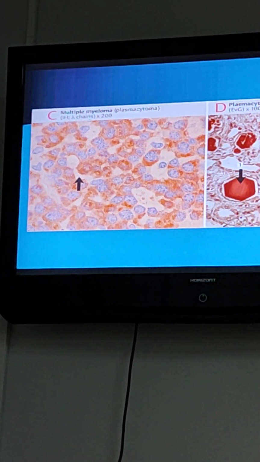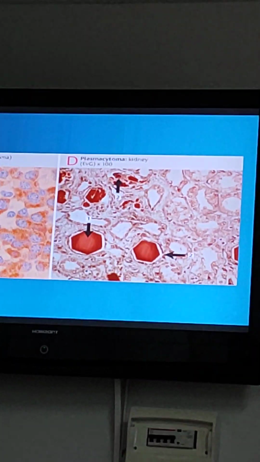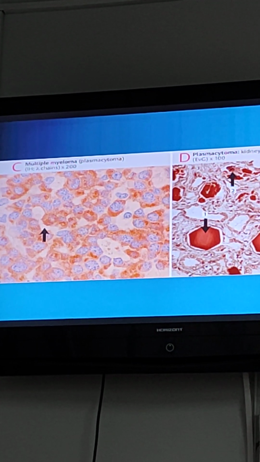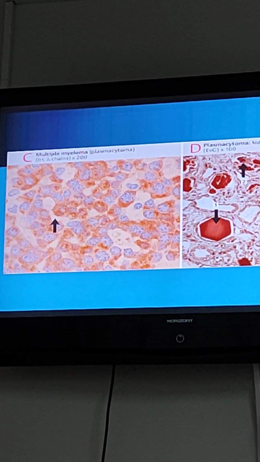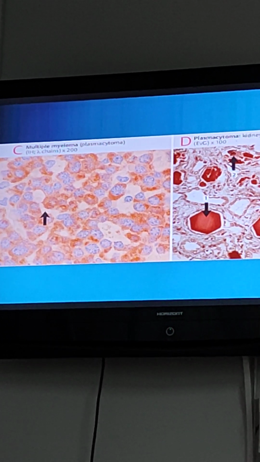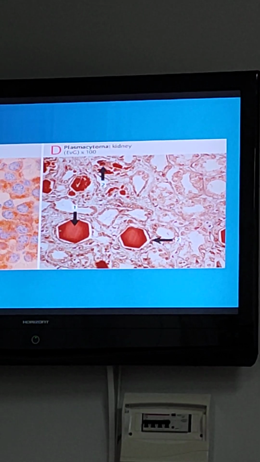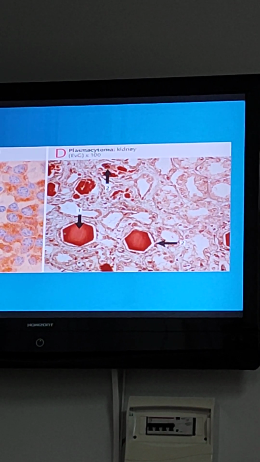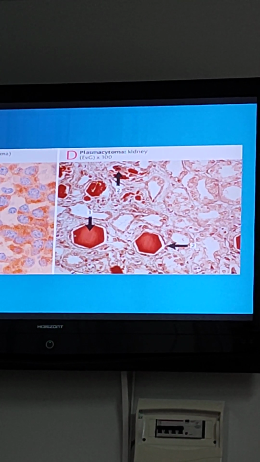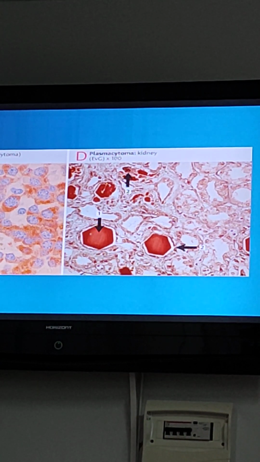Immunohistochemical stain reveals a lot of light chain immunoglobulins inside these plasma cells, the tumor cells, and the result is amyloidosis. The kidney reveals hypercalcemia, hyperproteinemia, and amyloidosis associated with aggregation of proteins that block the tubules in the kidney.